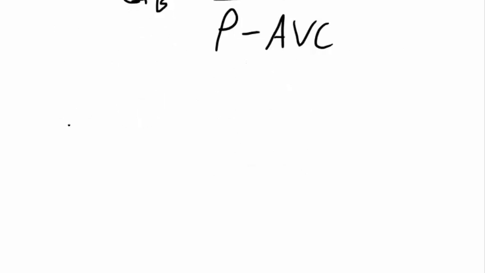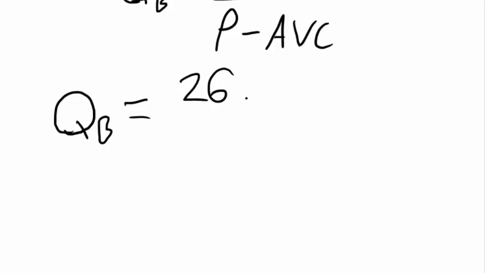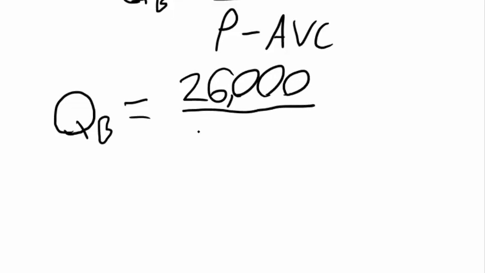And if we plug in what we know, we have a quantity to break even equals a total fixed cost of $26,000 over the price of $70 minus $25 of our average variable cost.